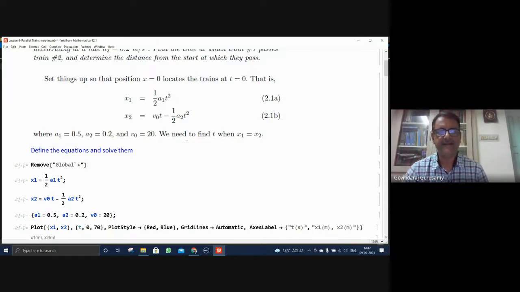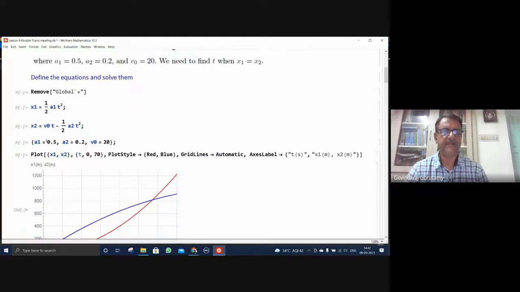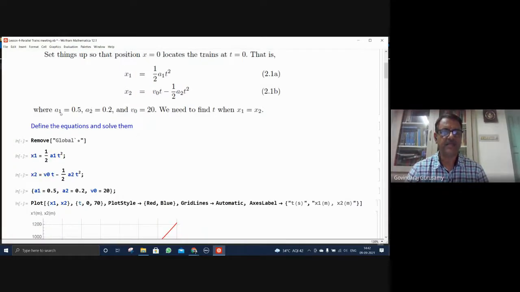Yes, it will happen. X1 is this one, which is defined according to this. X2 is this one. The parameters are given already. A1 is 0.5, A2 is this, V0 is 20 meters per second.